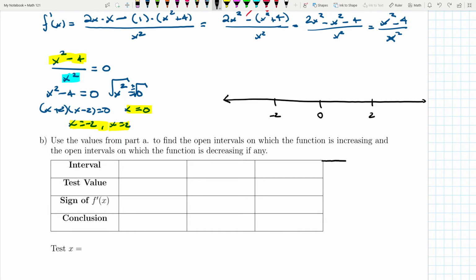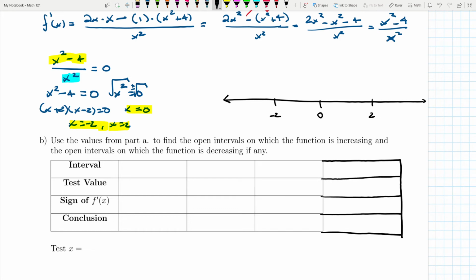I'm just going to do it by hand real quick. No big deal. It's doable. Let's define these few intervals. Number one will be from negative infinity to negative 2, then from negative 2 to 0, then from 0 to 2, and the last one from 2 to infinity.